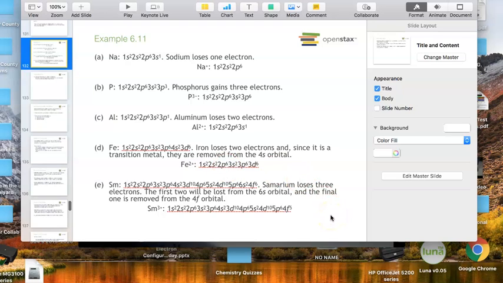That's important because the periodic table that you have as a handout is the one you're going to have for the test. All right, so here you notice with samarium, we need to lose 3 electrons.